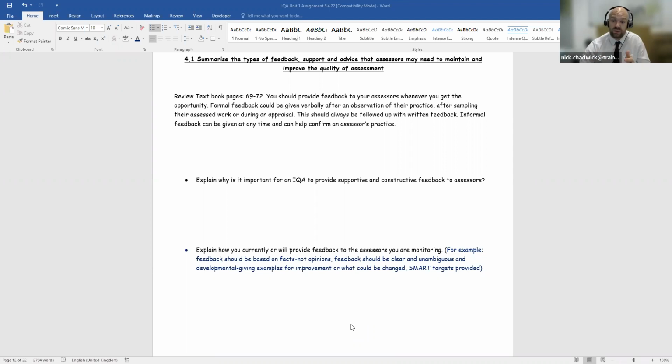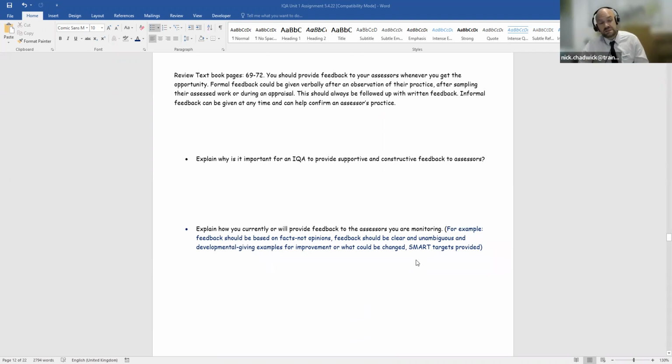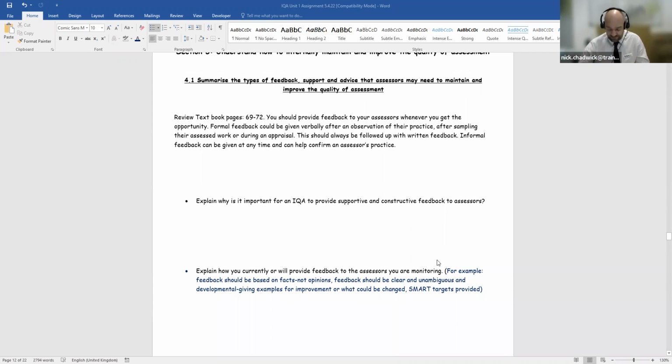Feedback should also be clear, unbiased, and also it should be unambiguous as well. So it should give them some clear outlines on how they can develop their practice. You should also give assessors or trainers some goals or SMART targets to improve their practice as well.